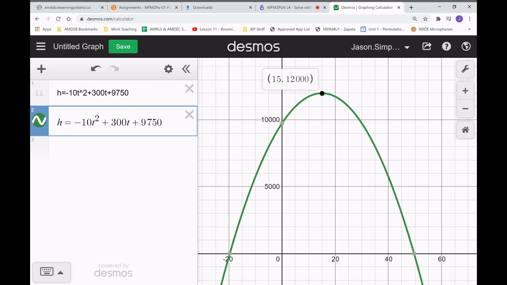So just double tap where the vertex is, double tap where the y-intercept is, and if you're smart, you make sure that you also double tap where your zeros are, your x-intercepts, so that we can actually look at it, because all of these points will give us bits of information that we need for our problem.